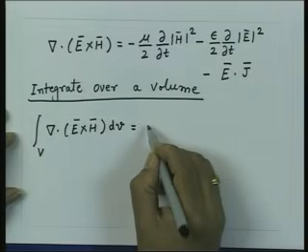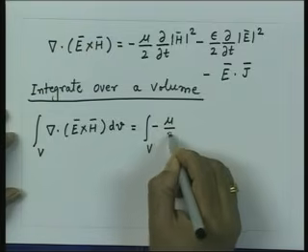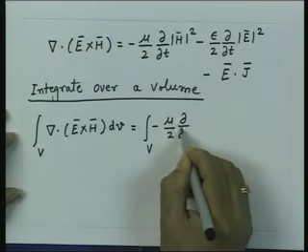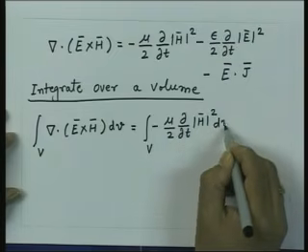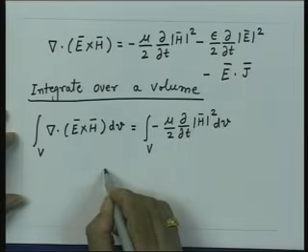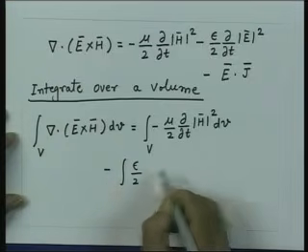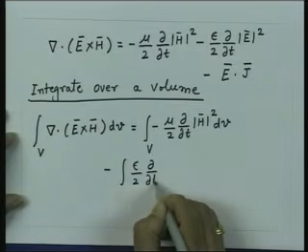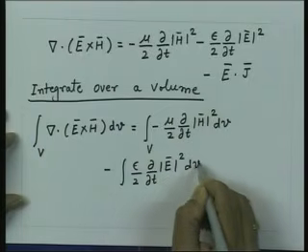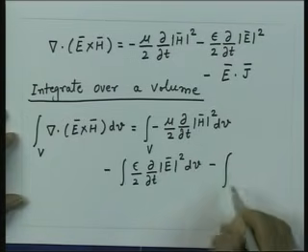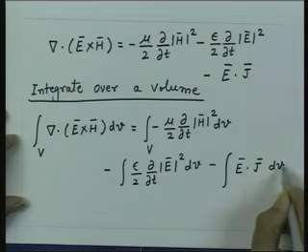So, this will be minus integral over V of mu upon 2 d by dt of mod H square dV, minus integral epsilon by 2 d by dt of mod E square dV, minus integral E dot j dV.